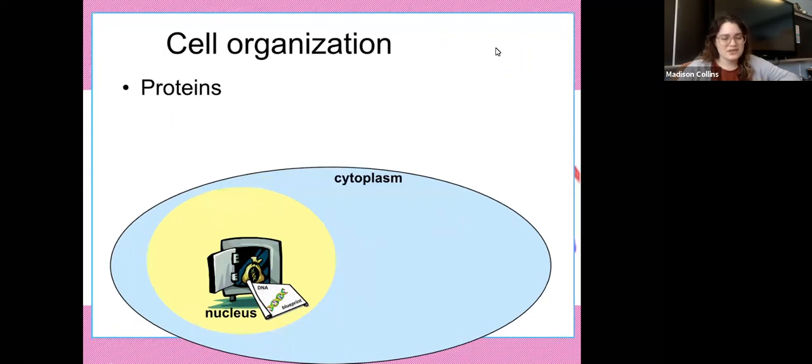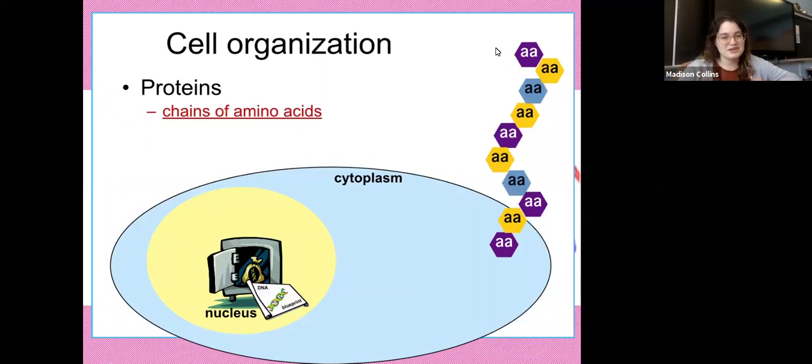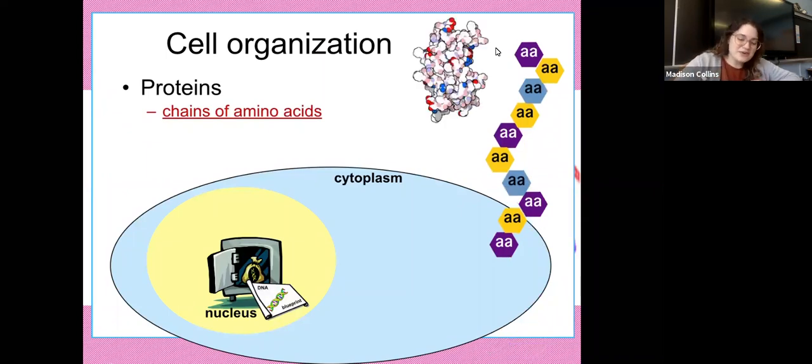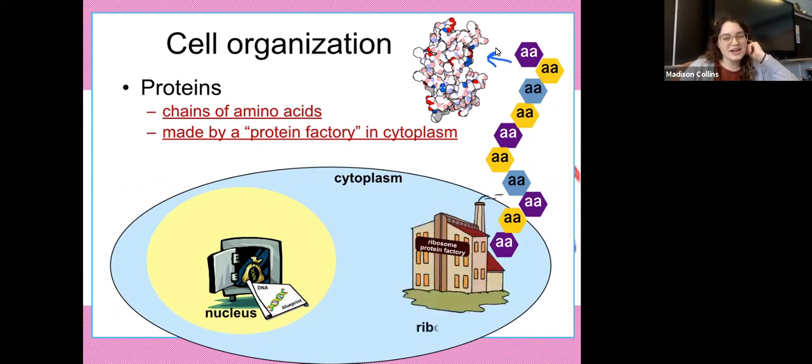But then remember, what do we know about proteins? Proteins are made up of amino acids. There's a chain of amino acids, and those amino acids come together to form proteins. But proteins are actually made by something known as a protein factory in the cytoplasm. Think about it: what is that organelle called that makes proteins? I think it starts with an R. It's a ribosome.